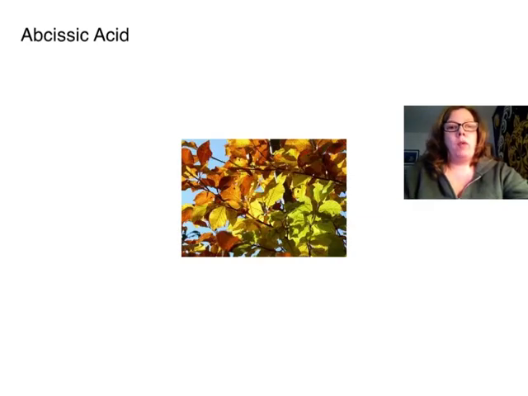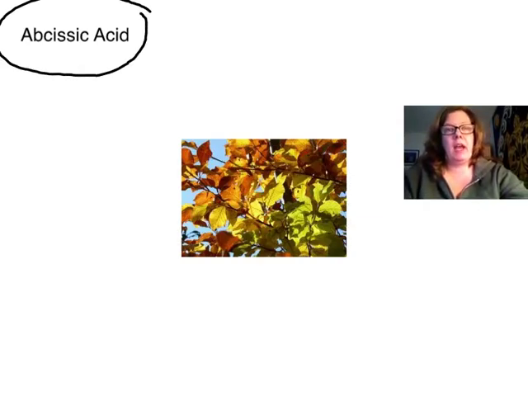Okay, another hormone, this one's kind of the dominant hormone that can shut all hormones down, and that's abscisic acid. Abscission is the process by which plants drop their leaves in the fall. Abscisic acid is a hormone that's capable of shutting down the effects of all other hormones.